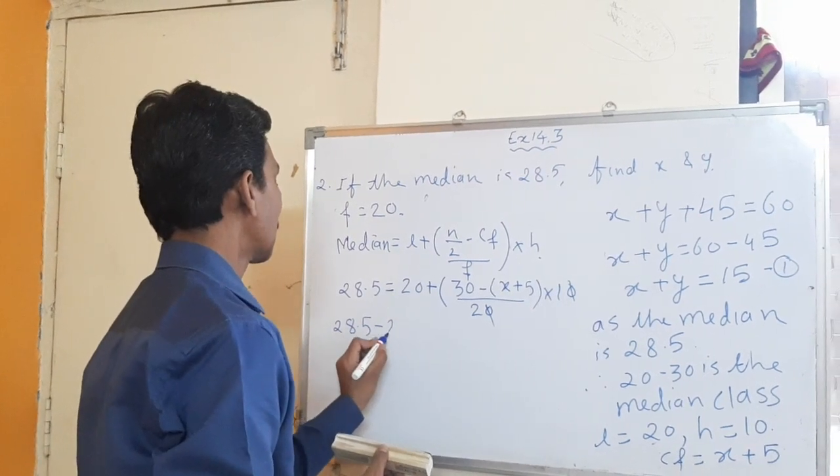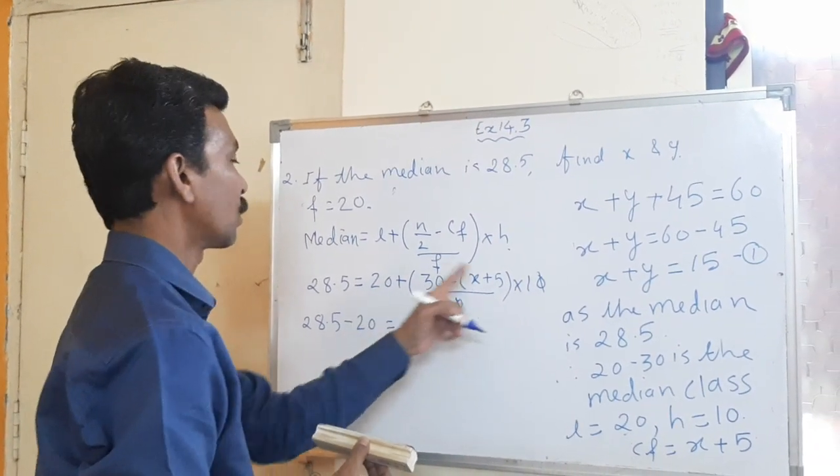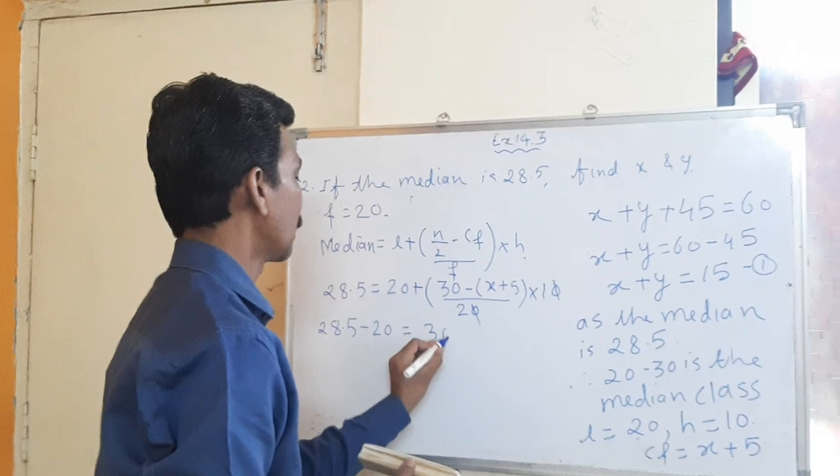It becomes 28.5 minus 20 is equal to, on the right hand side, 30 minus x plus 5, upon 2.